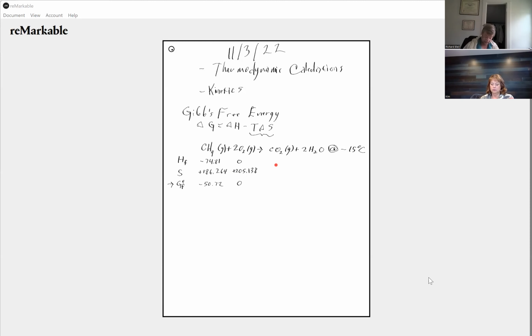Carbon dioxide. Kim, is this going to be spontaneous? Well, we already know it's going to be spontaneous. Do you think it's going to be exothermic or endothermic? What's your guess? Here's a big hint.